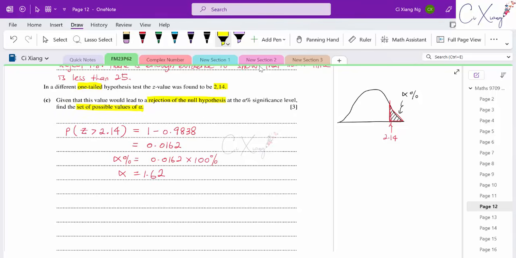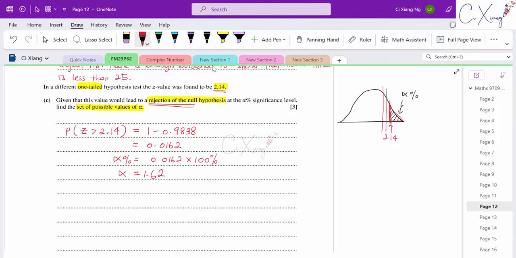And they are saying that the 2.14 will lead to a rejection of the null hypothesis. That means 2.14 will give us a result where we reject it. So our rejection region can be 2.14, and it will be even better if the rejection region is bigger. That means the alpha is bigger, then you can see very clearly that 2.14 falls under the rejection region.